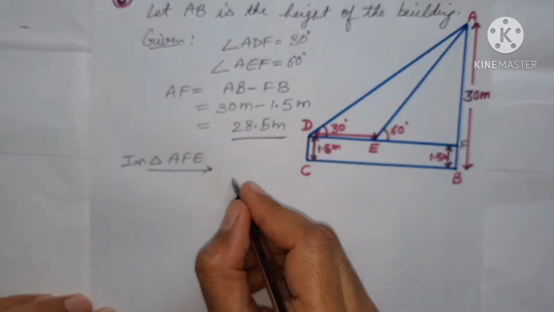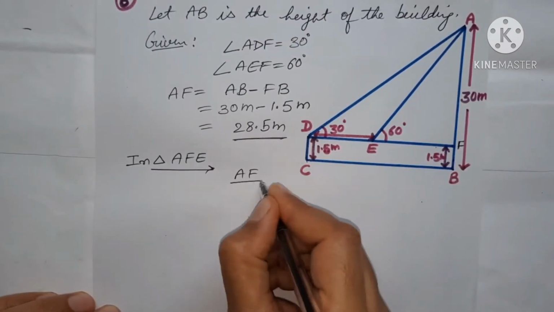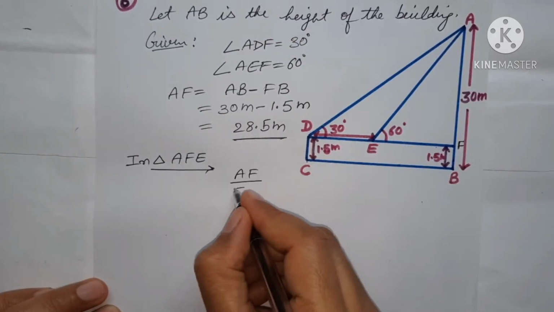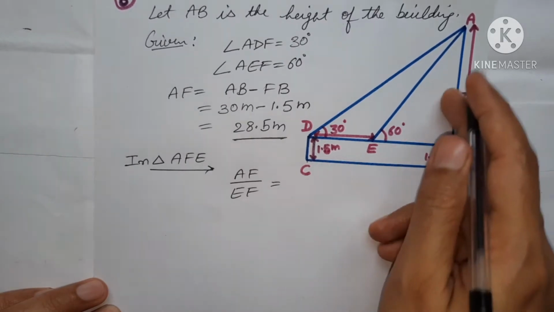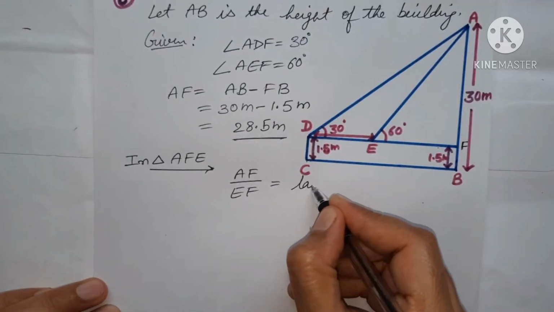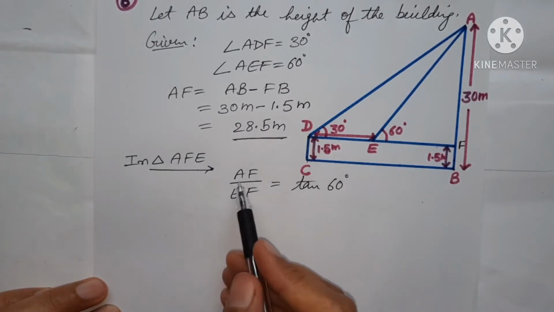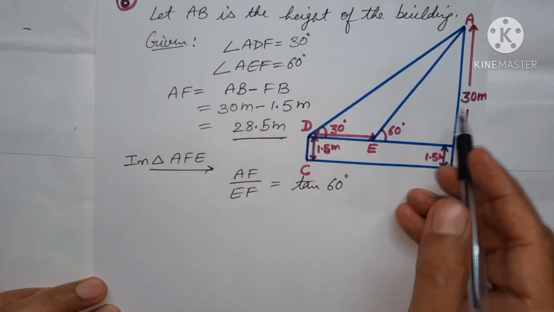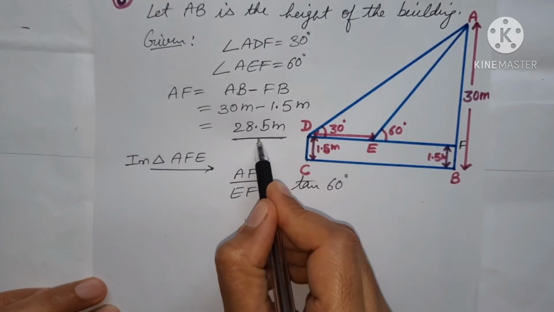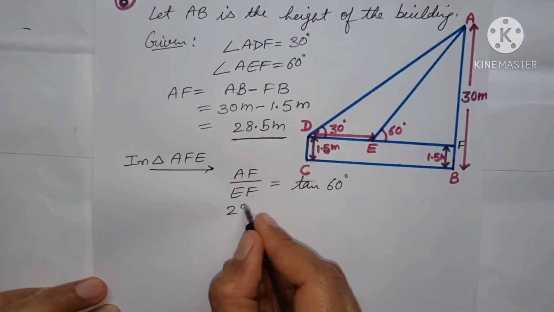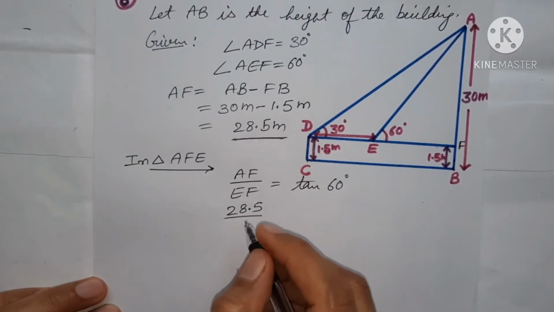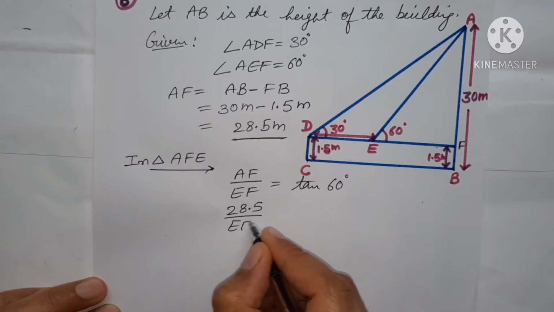So we will write perpendicular is AF and base is EF. Perpendicular and base relation is tangent and angle is 60 degree. So we will write 60 degree. So AF we know already, AF is 28.5.